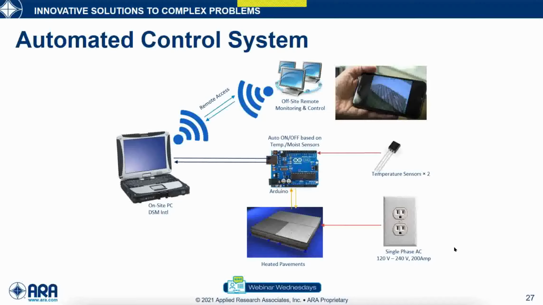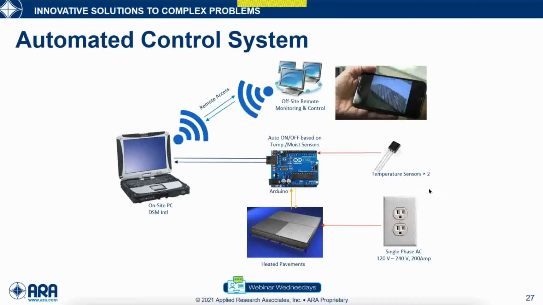So this shows a very simple control system that you can use in order to turn the system on and off. For example, based on the temperature sensor, you set up the temperature that you want. As I mentioned, we just need to keep it above the freezing point. So if you have a surface temperature of 42, you will be able to prevent ice and snow accumulation.